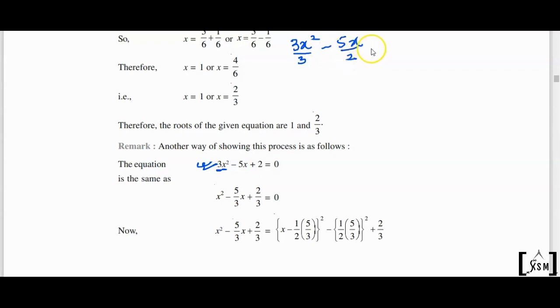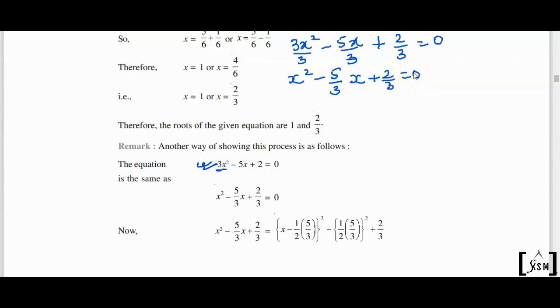In the last example there was no x square coefficient, it was 1. So I'm dividing all the terms by 3. So plus 2 over 3 equal to 0 over 3, which is 0. By doing so, we get x square minus 5 over 3 x plus 2 over 3 equal to 0.